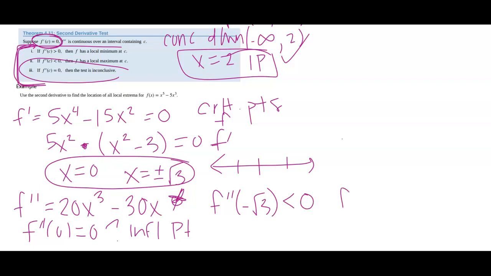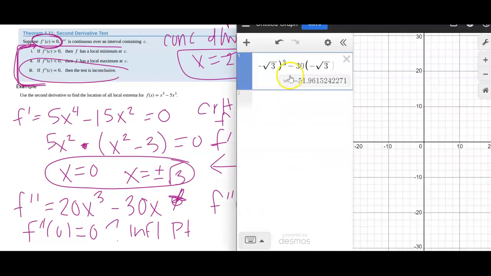So f must be concave down, and so x equals negative root 3 must be a local maximum. Right? Because if f is concave down and I have a horizontal tangent line there, then it must be a local max.